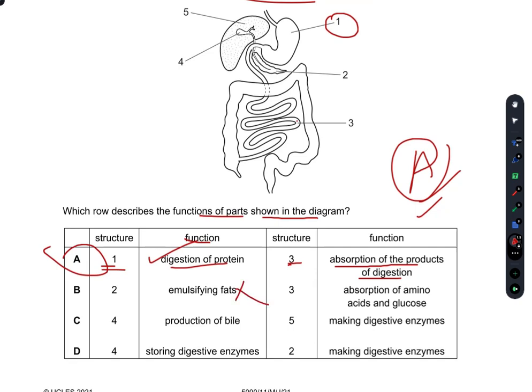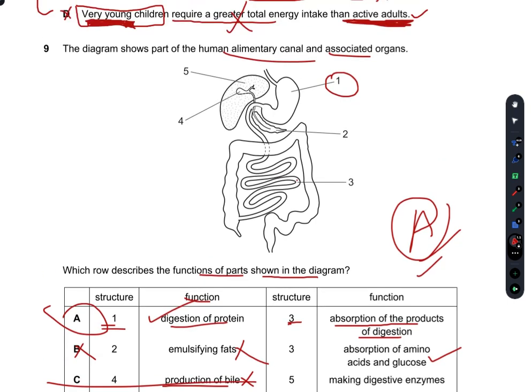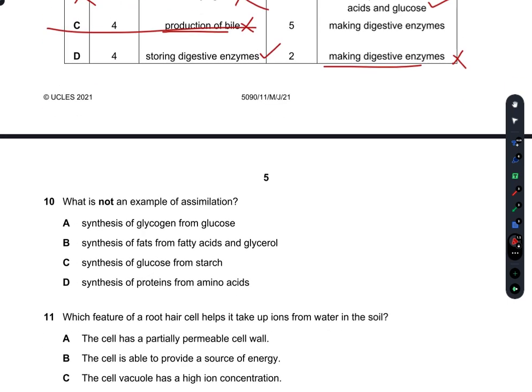Emulsifying fat? No. Three, what is three? Absorption of amino acids and glucose. It is a function, but two is incorrect. Four, production of bile? No, bile is produced by the liver, so this is also incorrect. Storing digestive enzymes, or making digestive enzymes? No. So only A is the right option.